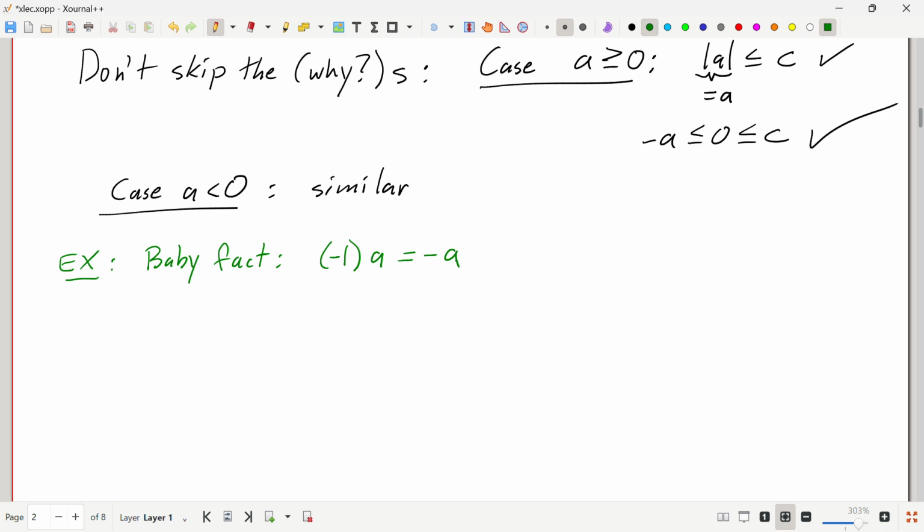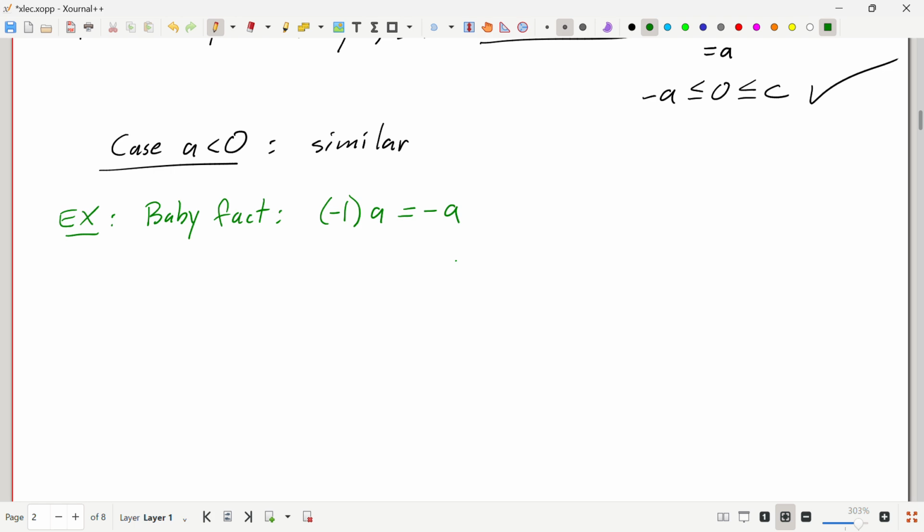But it's the kind of thing we showed that 0 is equal to 0 times a. That was one of those things that followed from the axioms in a very one-line demonstration from the axioms. And 0 is equal to 1 plus minus 1.